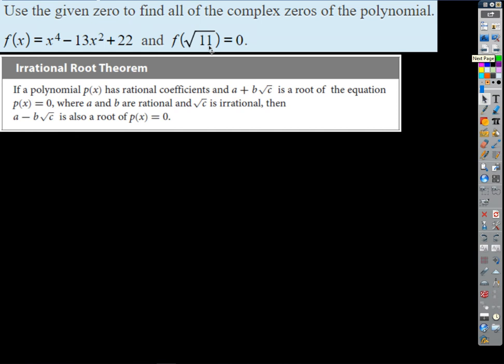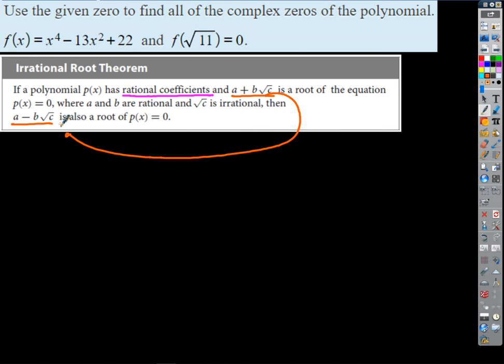The irrational root theorem says, and there are some important parts to this, we can't gloss over these, if a polynomial has rational coefficients, then the irrational zeros have to come in conjugate pairs, right? So in other words, if a plus b radical c is one root, then guaranteed a minus b radical c is going to be another.